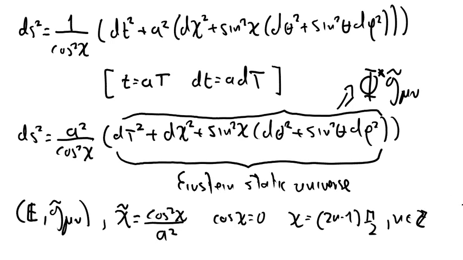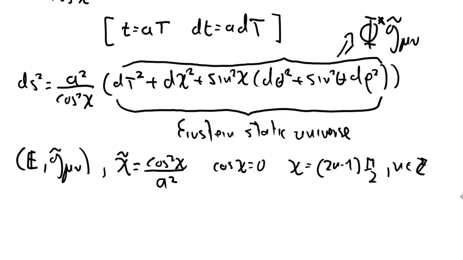Right, and well, we have to do the usual procedure of picking up a region which represents our original space-time, which in this case is anti-de Sitter, and one of those possible regions is given by this condition. Okay, right.